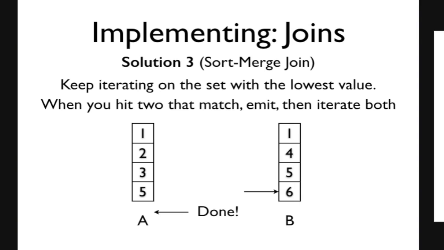Again, this assumes the data is already sorted, but in that case, projection is a fully pipelined operator, selection is a fully pipelined operator, and this join algorithm, assuming the inputs are sorted, is fully pipelined.